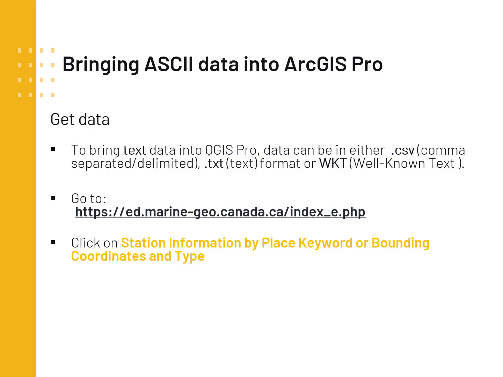So what I'd like you to do is go into your browser of choice and go to ed.marine-geo.canada.ca/index_e.php. And this is going to be the Government of Canada Expedition Database. Okay. Then you're going to go on the left-hand side and click on Station Information by Place Keyword or Bounding Coordinates and Type.